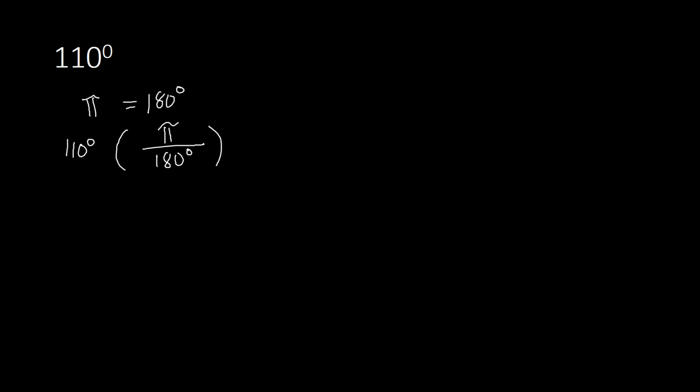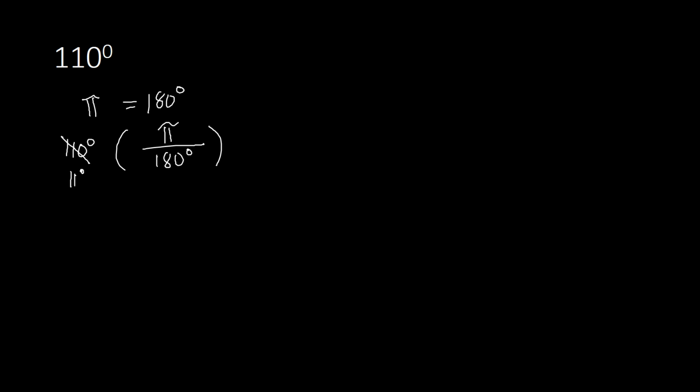Before we do anything else, we are going to simply cancel out the common factor, or the greatest common factor, between the numbers 110 and 180. The common factor for this one is 10, so we have to cancel 10 out here. So 110 divided by 10, that's 11 degrees.